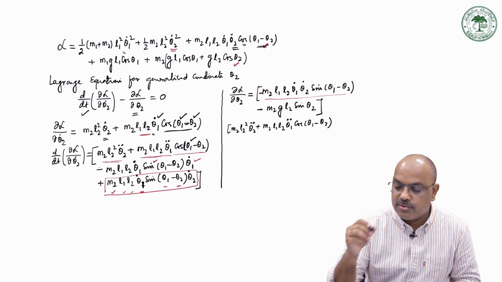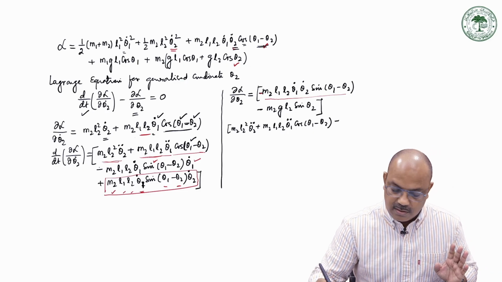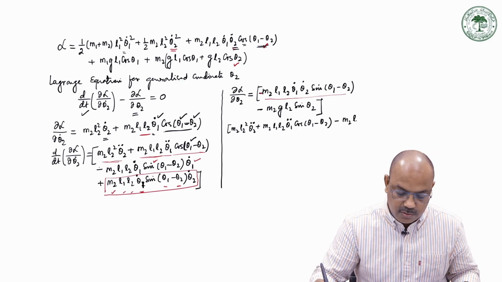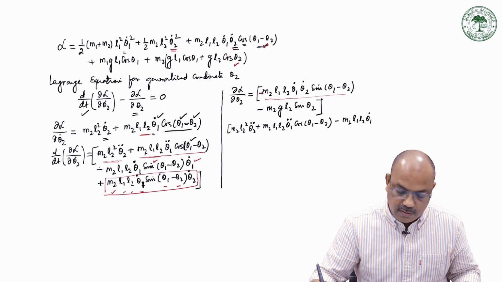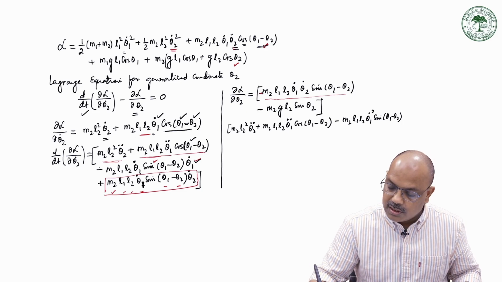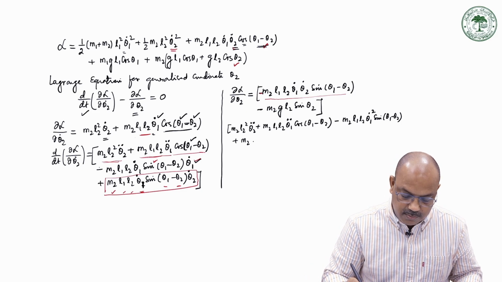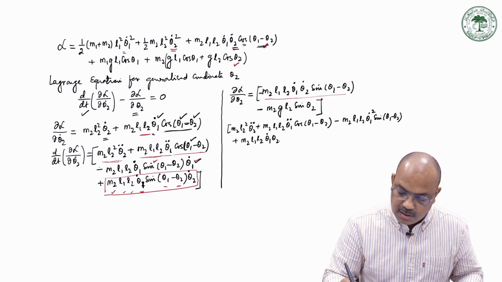Let us try to write it, then we will figure out if there is any mistake of the sign or not. m2 L1 L2 theta 1 dot, this is going to be sine theta 1 minus theta 2, and theta 1 dot, theta 1 dot square, I'm writing it, and then plus m2 L1 L2 theta 1 dot theta 2 dot, and you have sine theta 1 minus theta 2.